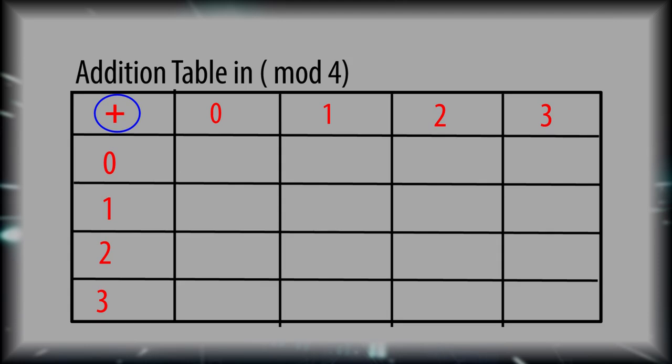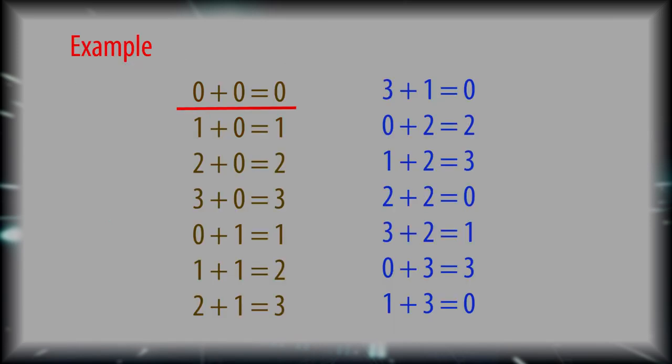We then fill each of these boxes with the result of adding and converting the corresponding integers in mod 4. Remember, the addition sign is in the top left corner of the table, and we have the mod 4 remainders in the top row and in the left column.